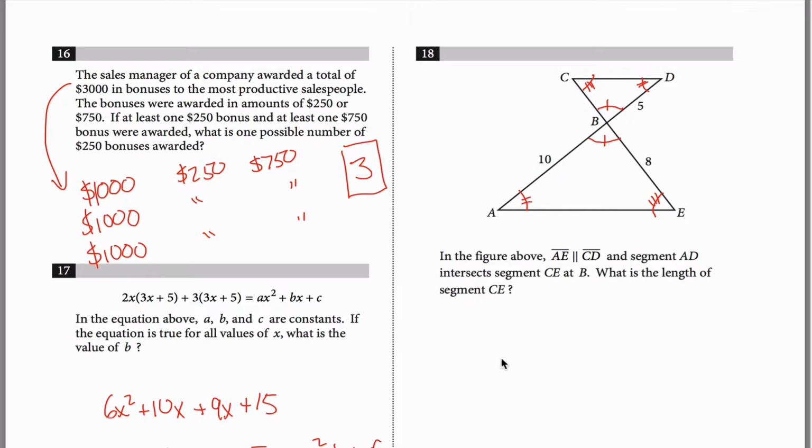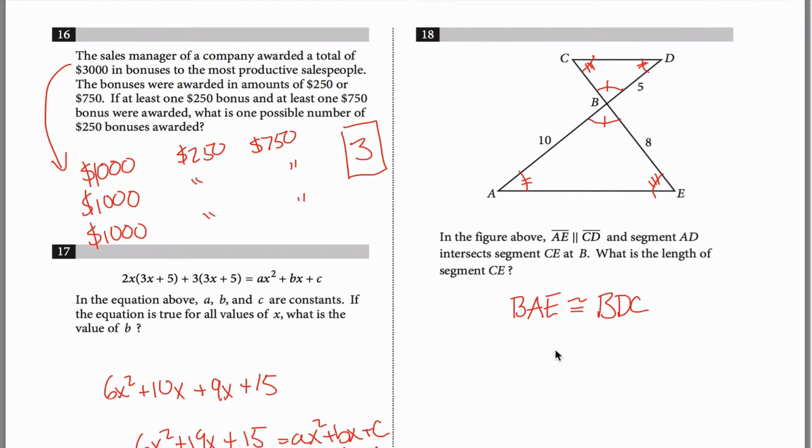So what I have are similar triangles. I have that BAE is similar, which I think you write like this, to, and then be careful here. Up here I went from 1 to 2 to 3 hash marks. So here I'll go 1, 2, 3. It's similar to BDC.